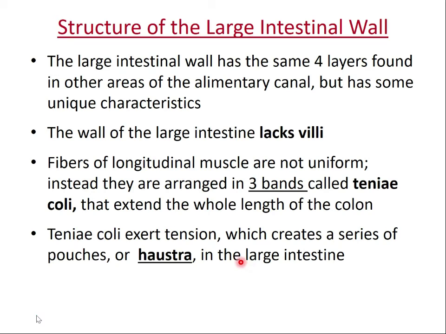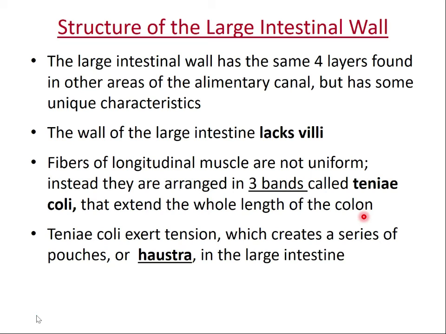So looking at the structure again, we talked about how it has the four layers of the alimentary canal, but the unique characteristic it has is that the large intestine does not have villi because it has no function in absorbing nutrients, therefore it doesn't have villi. It has three bands called the taeniae coli that extend the whole length of the colon.